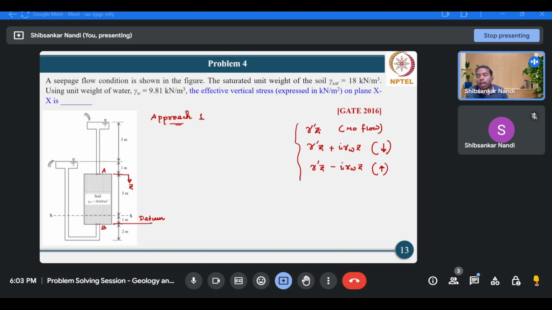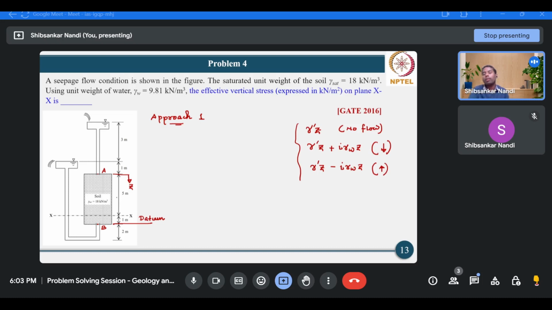On the other side, at point B, the datum head is 0, and the pressure head is 2 plus 1 plus 5 plus 1, that is 7 meter.